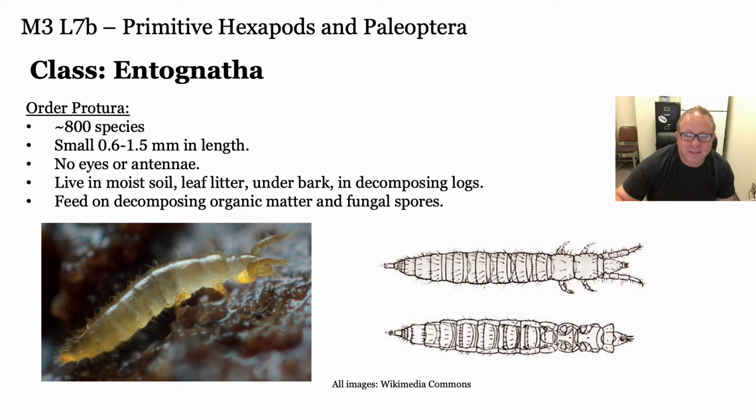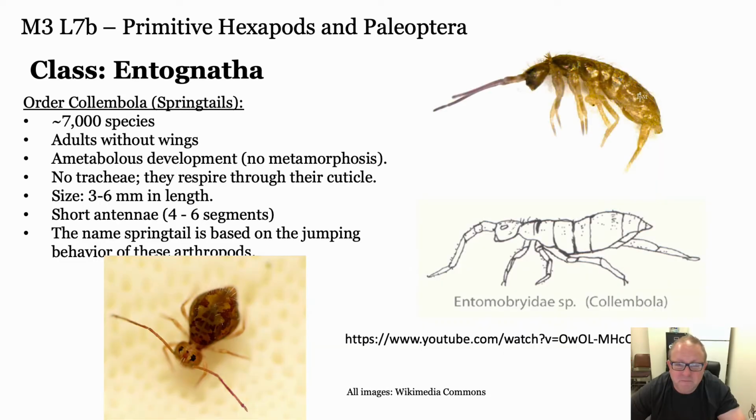I've actually only collected these a couple times in my life from leaf litter, but I haven't spent a lot of time looking through leaf litter, to be completely fair and honest here. As we go down the Entognatha, now we get to Collembola. I love Collembola. Collembola are fantastic little critters. They're called the springtails because they have this little tail on the end that can help them jump.